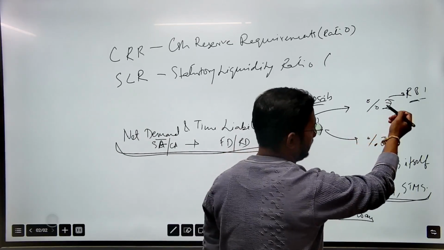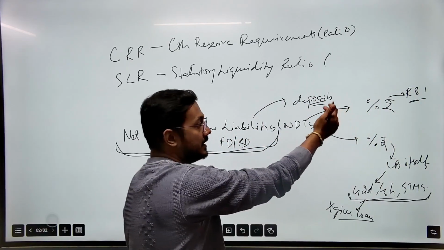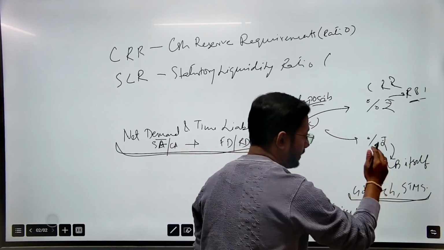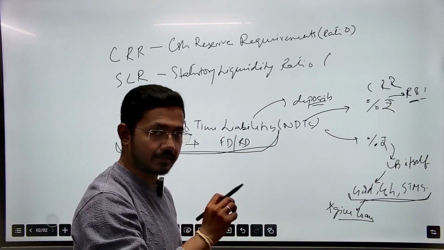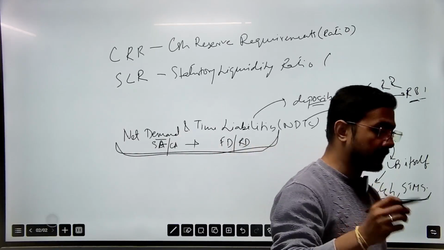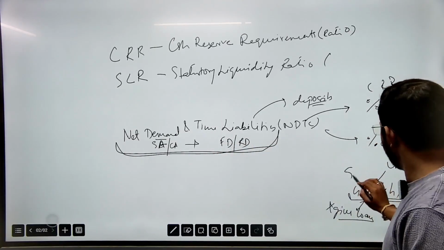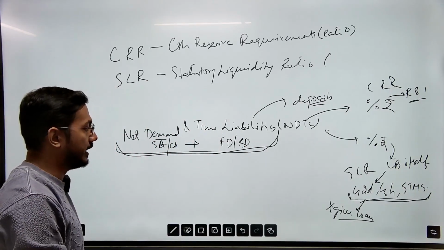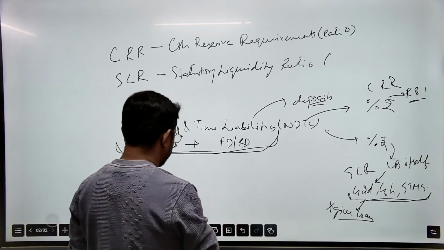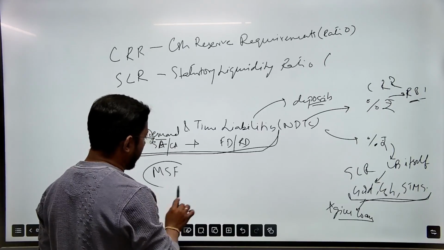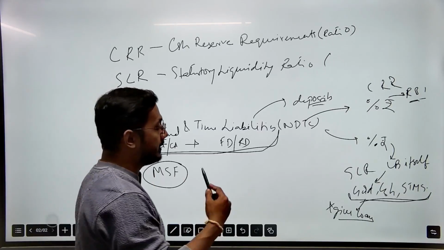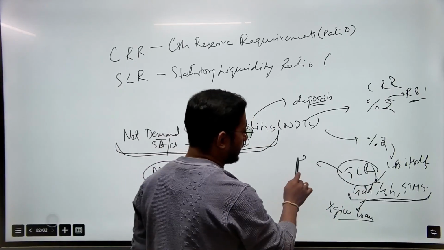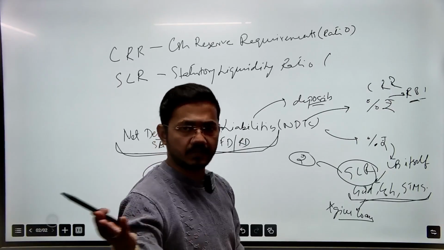Now, the amount of money that is with the RBI from the net deposits is known as CRR, that is cash reserve ratio, and the percentage which is with the commercial bank itself, from where the commercial bank cannot grant money, is SLR, statutory liquidity ratio. All right. Now, under marginal standing facility, MSF, the RBI allows a commercial bank to take a certain amount of money from the SLR for its operation.